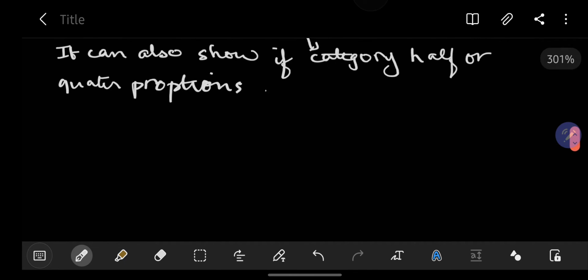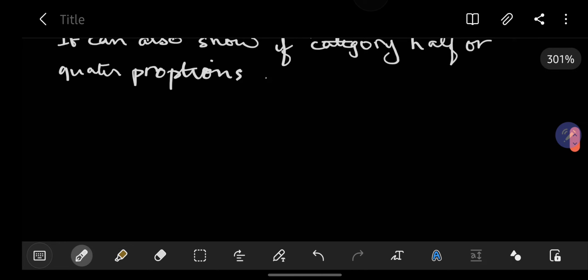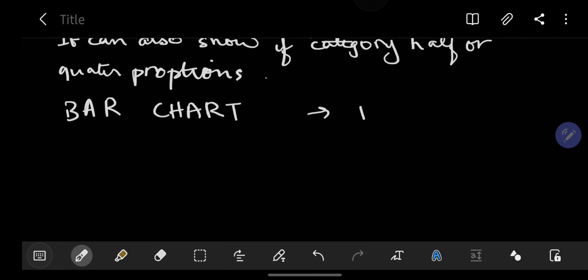Simple. Now on the other hand, when we talk about bar charts in categorical variables, we usually associate bar charts with Pareto charts. The spelling of Pareto is P-A-R-E-T-O.